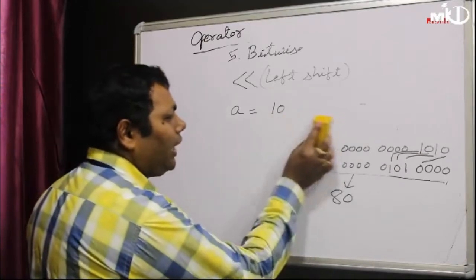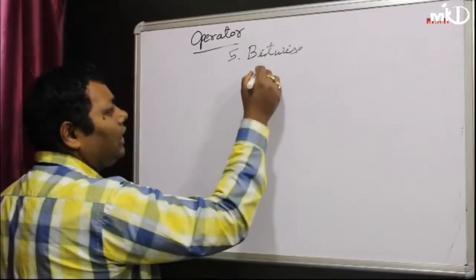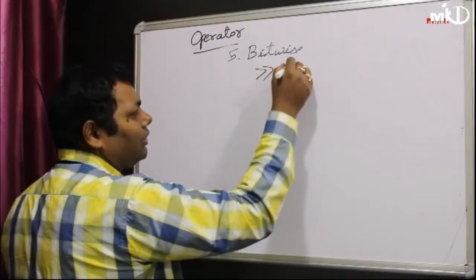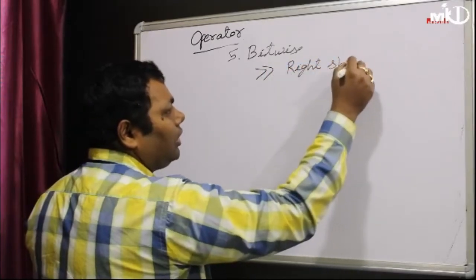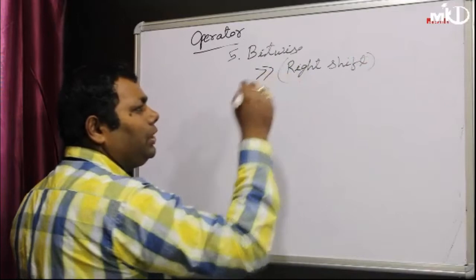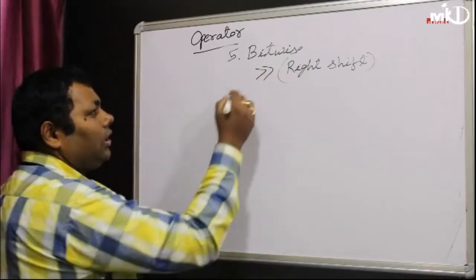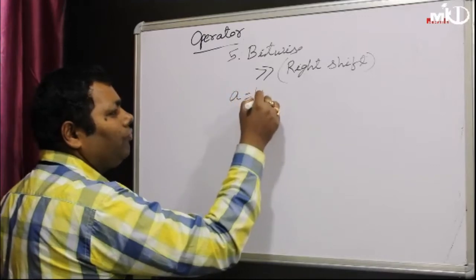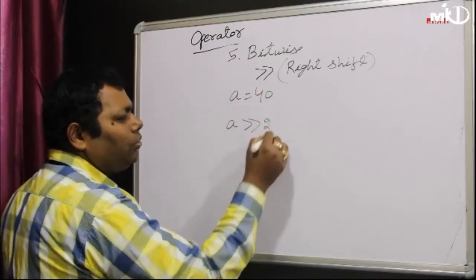Similarly the right shift. Now we discuss the right shift. Right shift means shifting the bits to the right side. For example, A equal to 40 and I write A right shift 2.